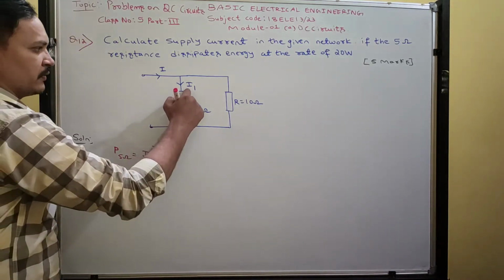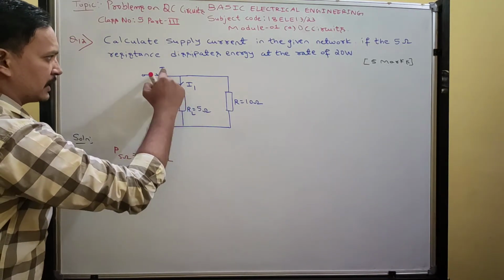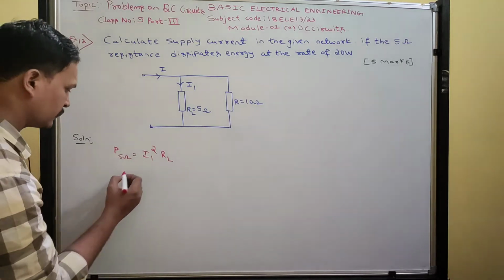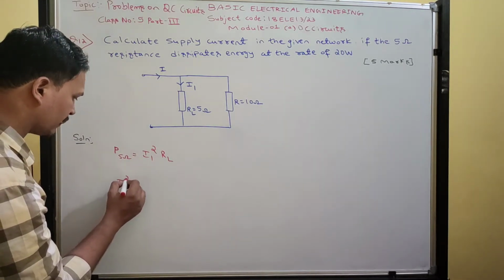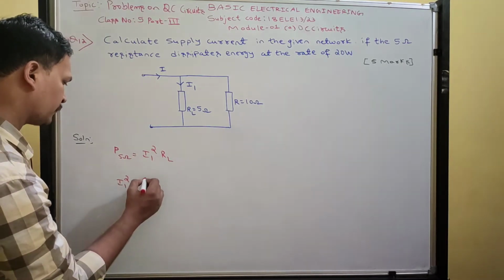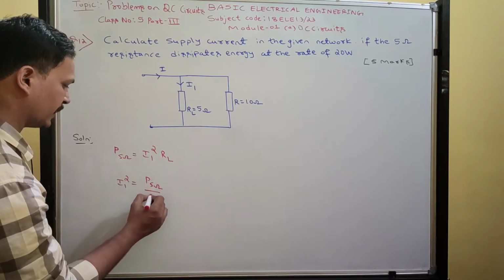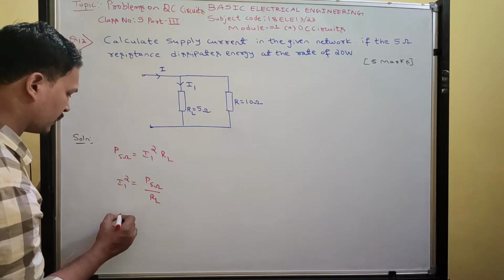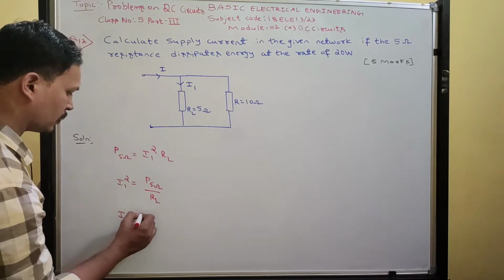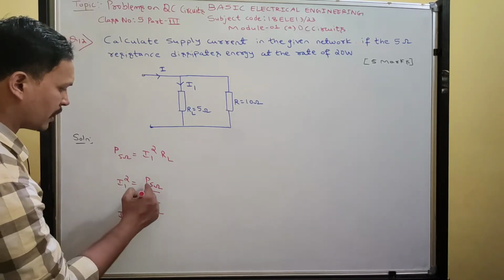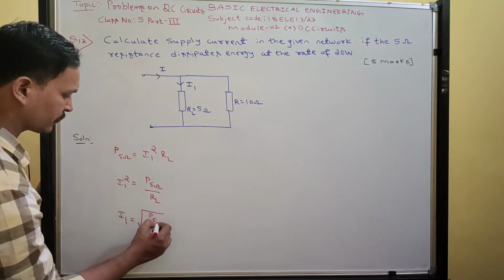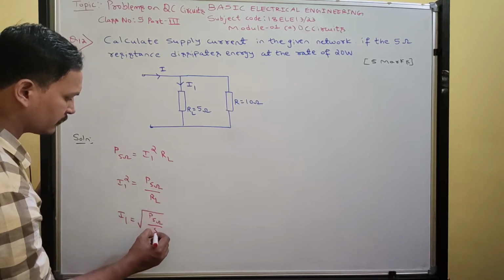Now I need to find this current. Once I know this current, I can easily find the supply current. Now I1 square is equal to power in the 5 ohm resistance divided by RL. Therefore, I1 is equal to the square root of power in the 5 ohm resistance divided by 5.